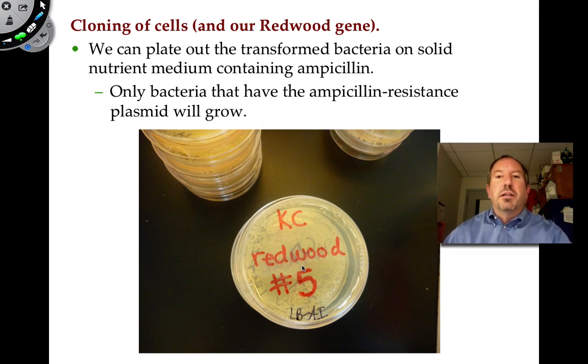And then the final thing that we're going to do is break the bacteria cells open, purify the plasmid from all the other bacterial DNA that they have, and then we're going to send the purified plasmid to a biotech company, and they're going to assist us in the sequencing. And then that's going to come in email, and we're going to, on the computer, be able to see the sequence of the various redwood trees that we're looking at, and then we're going to make those comparisons.